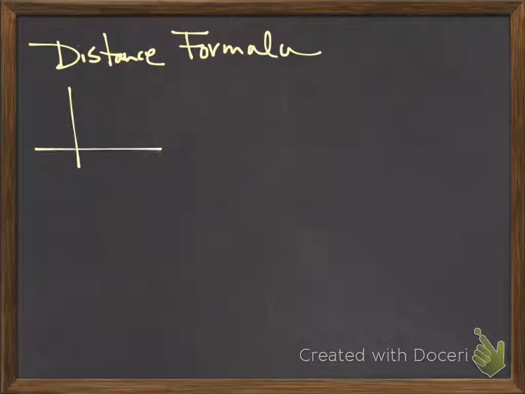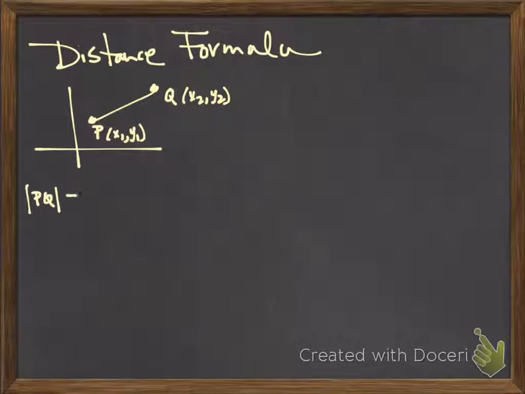Alright, so maybe we remember the distance formula in 2 space. So if we draw a quick little 2 space right here, so this is P and this is Q, and perhaps P has the coordinates x1, y1, and Q has the coordinates x2, y2, then the distance between PQ, which we will use those bars to represent the distance, is really derived from the Pythagorean theorem, right?